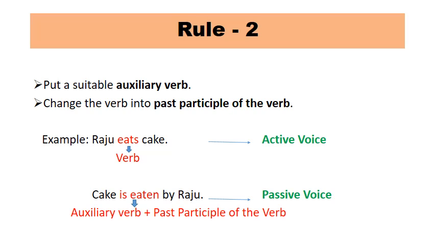Rule number 2. Dear students, when we change the active voice into the passive, the sentence undergoes two major changes. The subject goes into the predicate and the verb undergoes few changes.